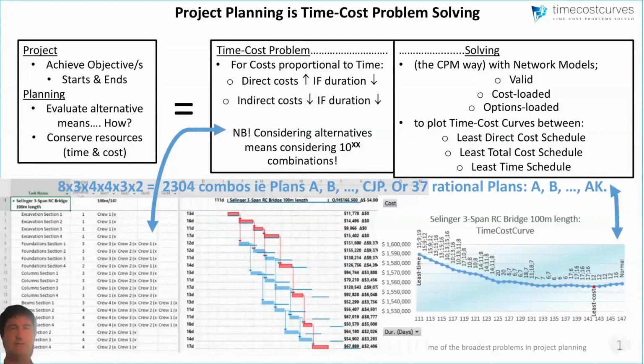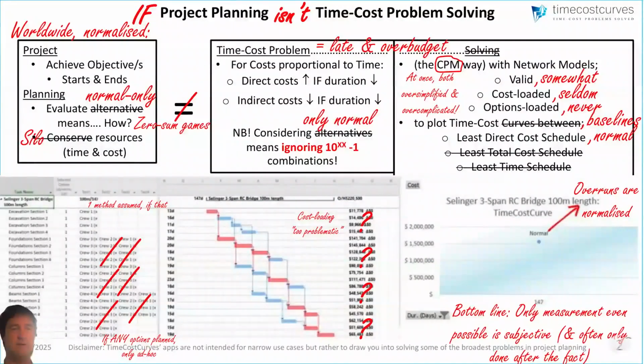Let's quickly look at perhaps what you do in your day-to-day project planning and how it differs from time cost problem solving. So I've sort of marked up the first chart and said, what if project planning isn't time cost problem solving? What's the difference between what I've just described in outline? In fact, worldwide, it's the normalized method where we're not considering the time cost problem, let alone trying to solve it.